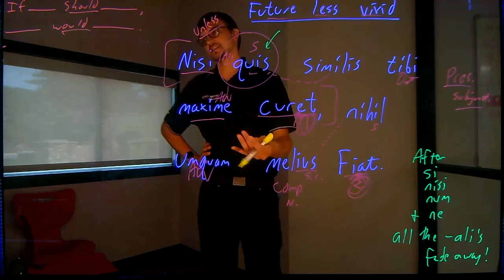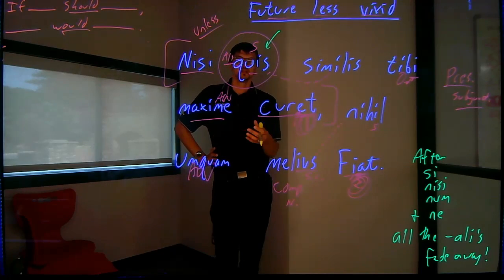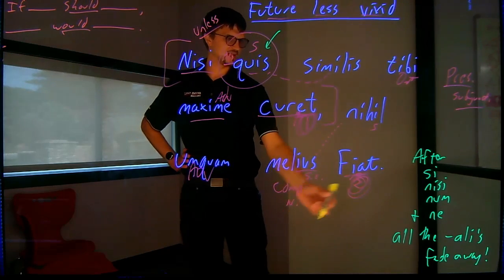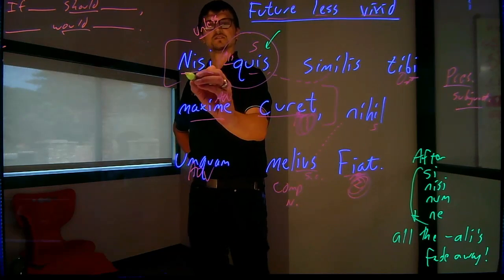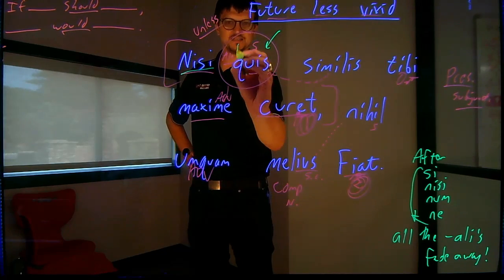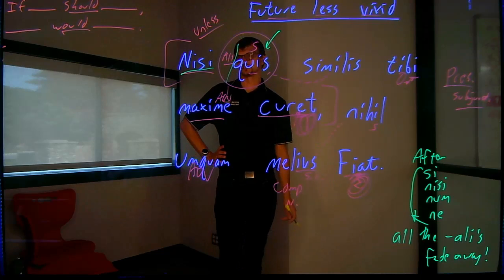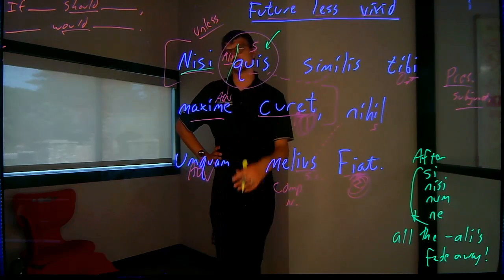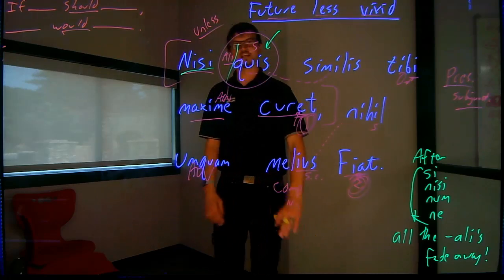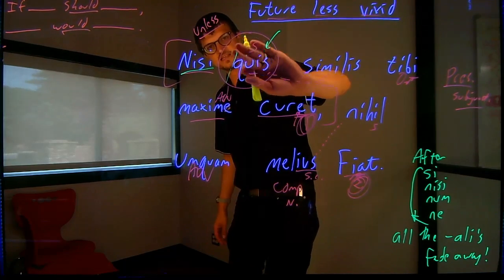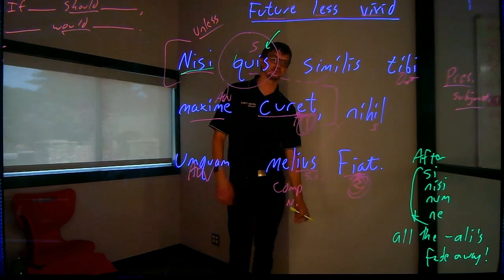Because aliquis is the word for somebody. But for some reason, after these subordinating conjunctions, here's nisi, that's one of them, this ollie just gets chopped off of it, and it's just quis. Even though it's still aliquis in meaning, it's just quis. So that's why nisi quis is how you do that, because the ollie faded away.